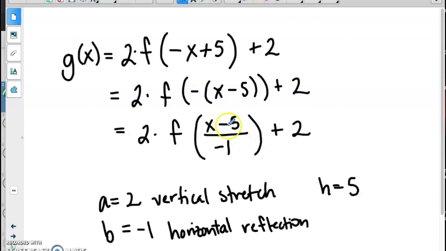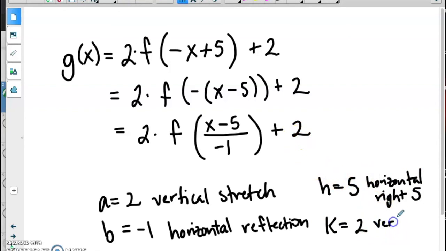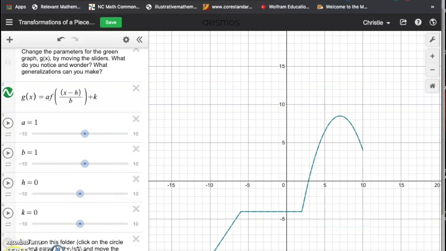Be very careful about that, because remember the minus sign is actually part of the transform function rule. Because h is +5, we will see a horizontal shift of right 5 units. And finally, k is 2. And we will see here a vertical shift up 2 units. You can come back to the Desmos file just to confirm those transformations you have listed.